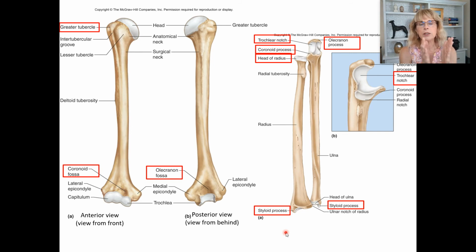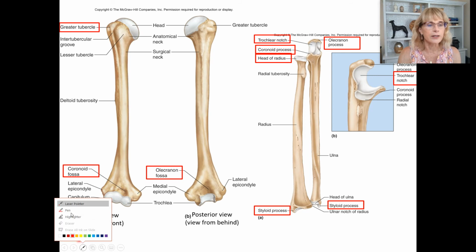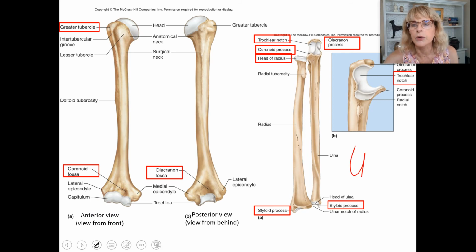You can do it, but first, learn to recognize the bones, right? The humerus has got a ball on it, different from the ball on the femur. But if you just see a ball, you've narrowed it down 50-50. The radius and the ulna. I like the ulna because the word ulna starts with the letter U. And this big notch thing here, the trochlear notch, looks like the letter U. So we will recognize that one.